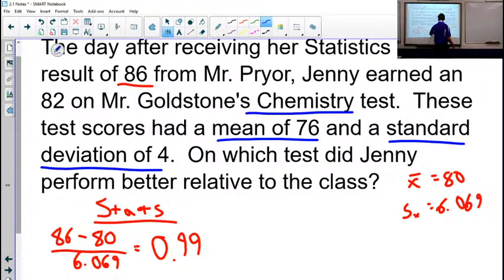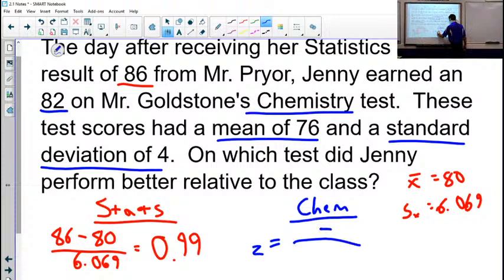All right. Chemistry. The z-score for chemistry is going to be... you need to find in the problem the building blocks of the formula. Value 82. 82 is the score.